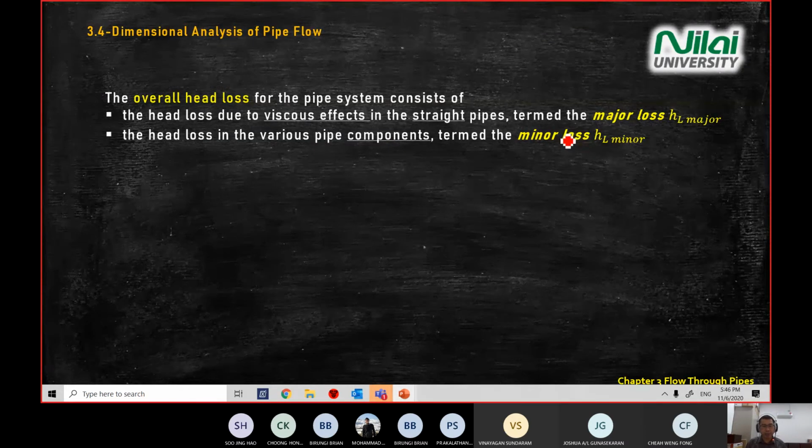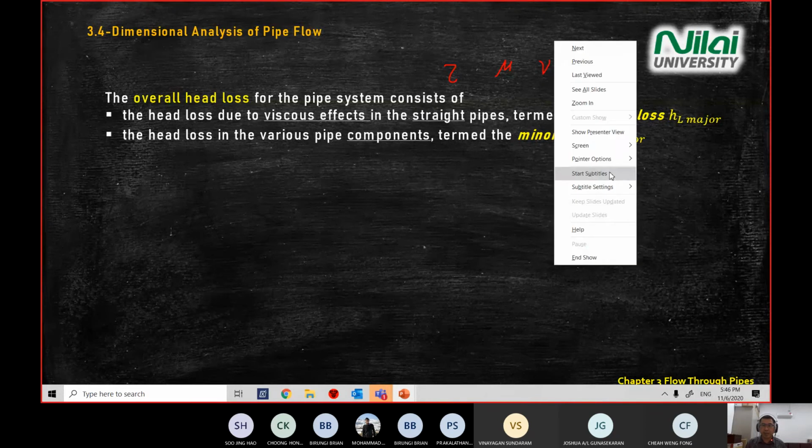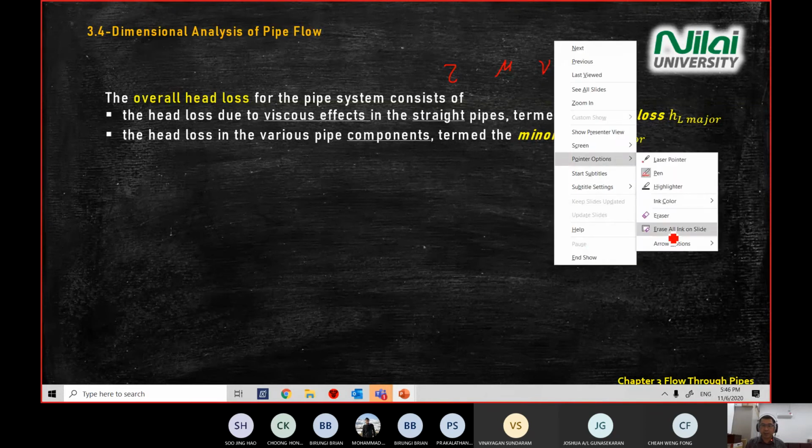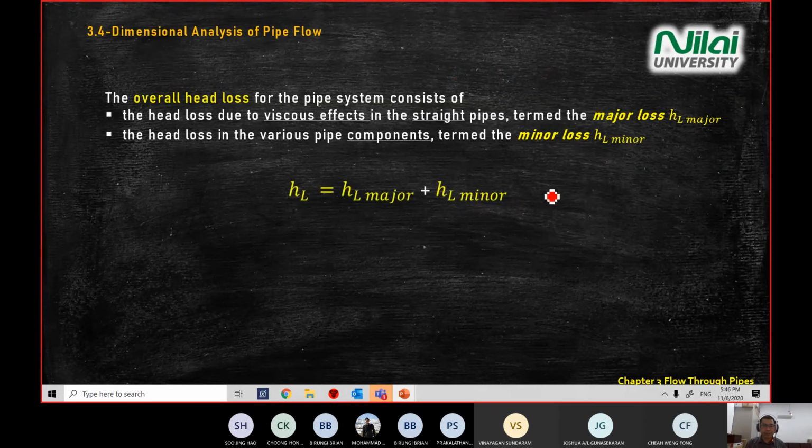Then it becomes minor loss. Major loss is more on the viscous effect, where we deal with shear, or mu, dynamic viscosity. Total head loss equals the combination of these two, so there's an equation to combine them.